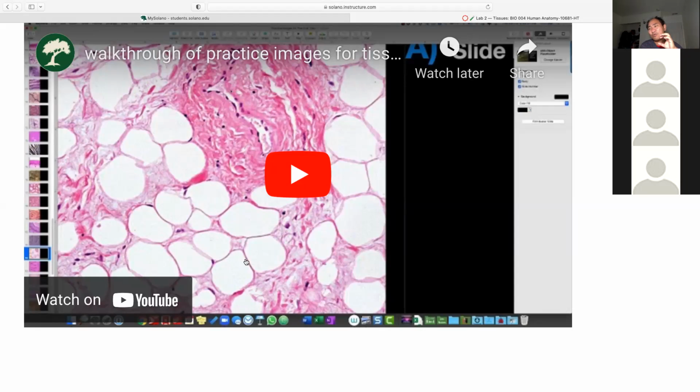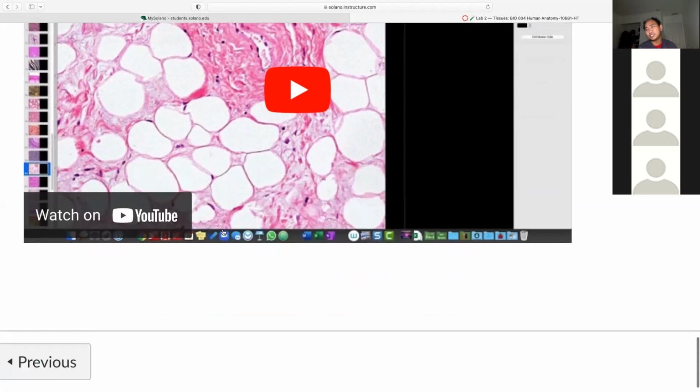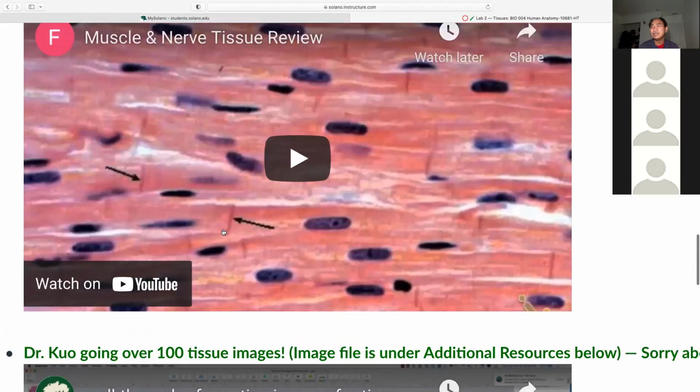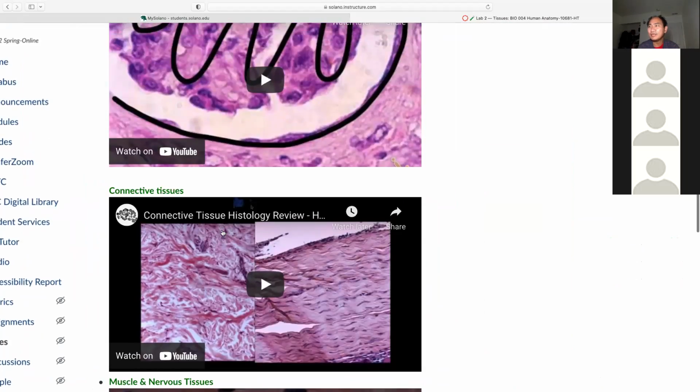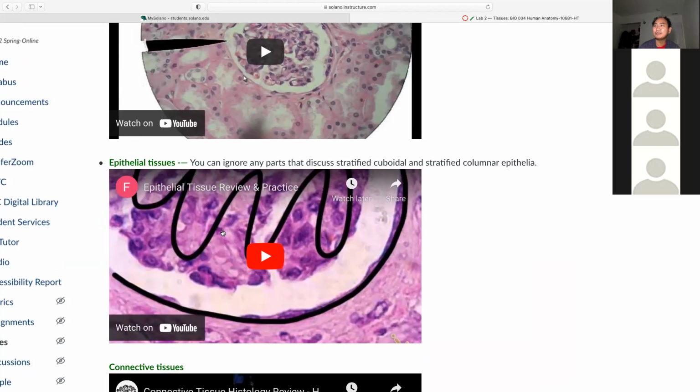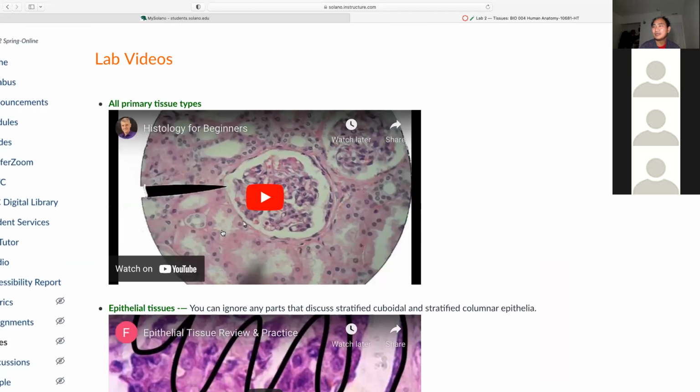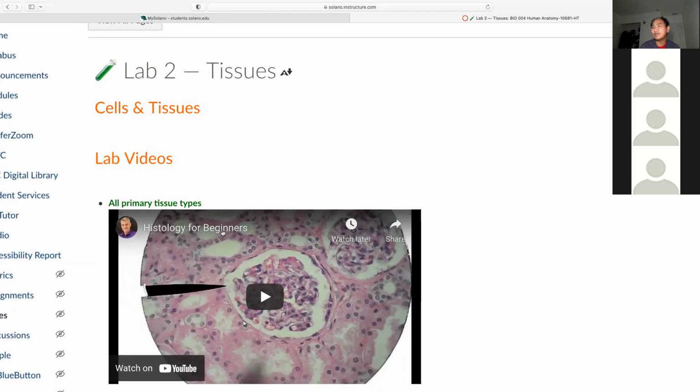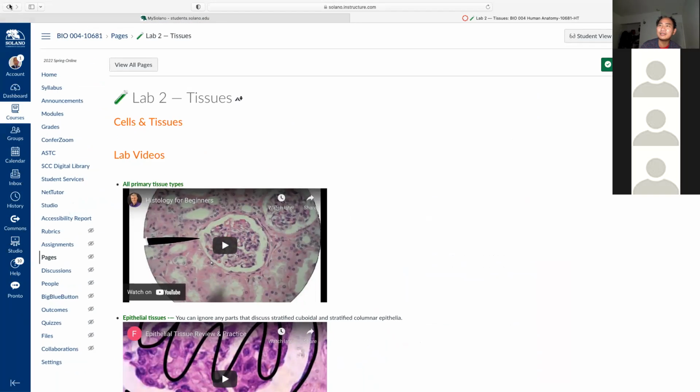It's little white, very thin, and you can see the nucleus here and there, but that is the adipose tissue. So these videos are really nice. I like that, therefore I cannot delete them.